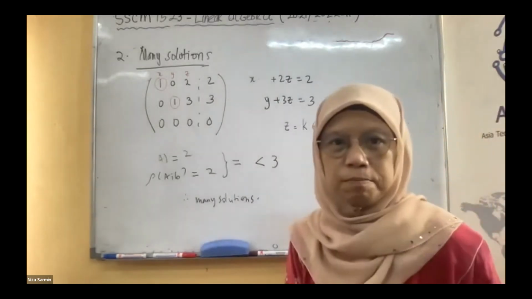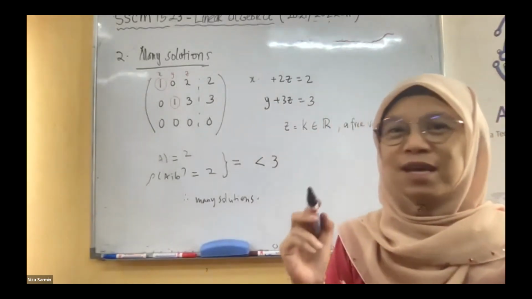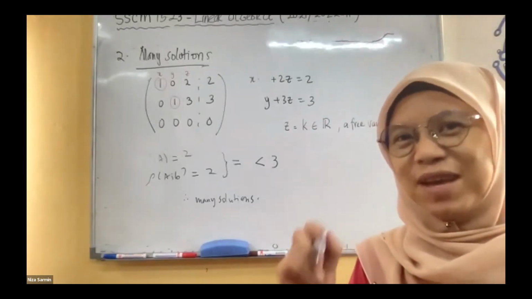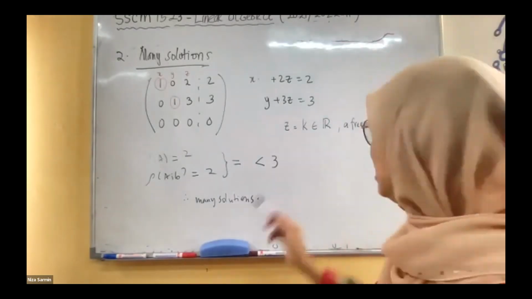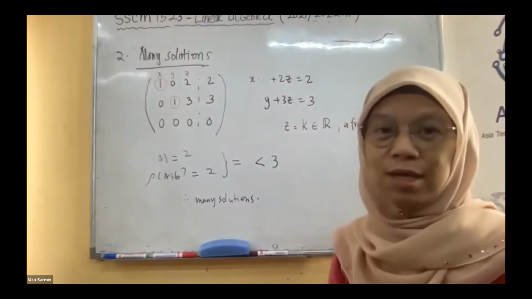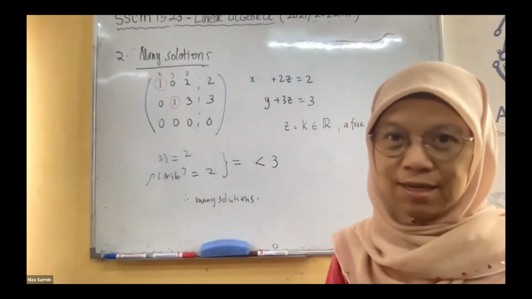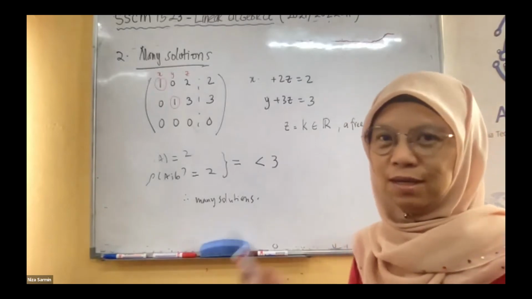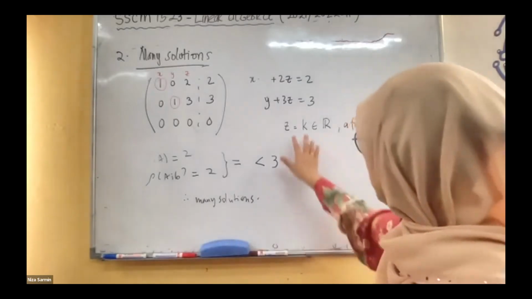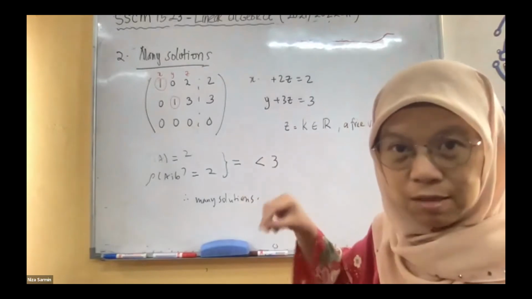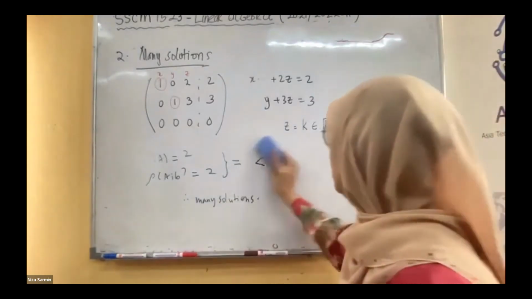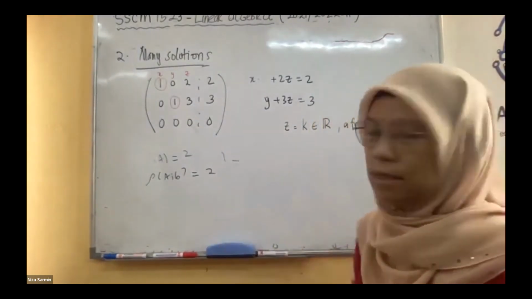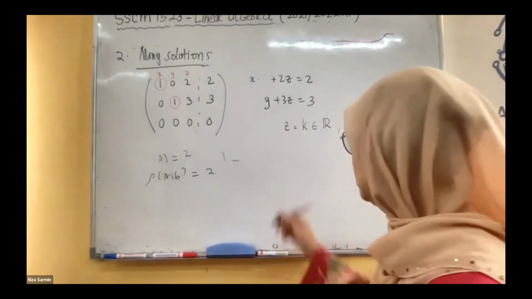If you don't write that the variable is free, it's okay, as long as you put z is k. If you want to put z is free, also okay. The important part is to put z in terms of k. Then we write the solution.